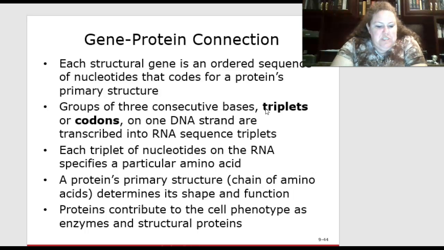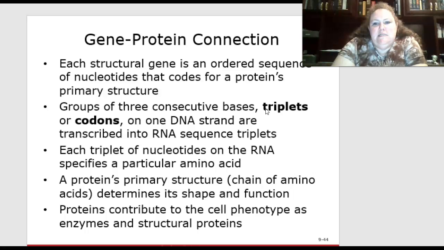So what about gene-protein connections? Well, each structural gene is an ordered sequence of nucleotides that codes for a protein's primary structure. Their groups consist of 3 consecutive bases, and these are called triplets or codons. More commonly, they're called codons. On one DNA strand, they are transcribed into RNA sequence triplets.